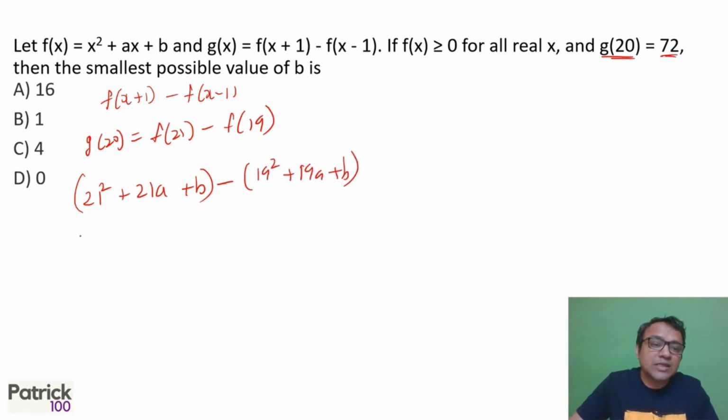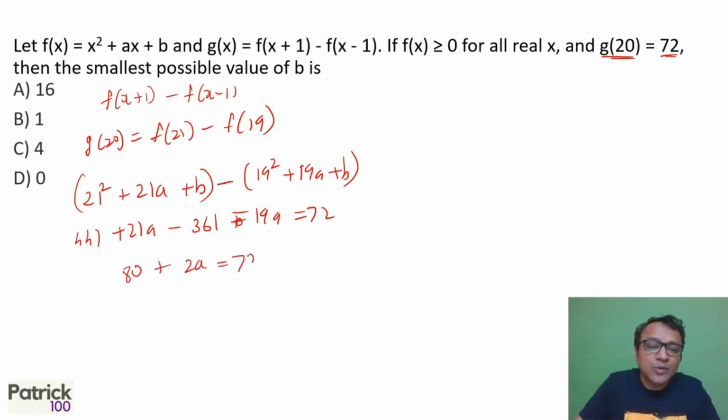If you solve this, it becomes 441 plus 21a, b will get cancelled, minus 361 minus 19a, which will be equal to 72. If you solve this it becomes 80 plus 2a equal to 72, or 2a equal to minus 8, or a equal to minus 4. Now once we have a equal to minus 4, you substitute in the original equation.